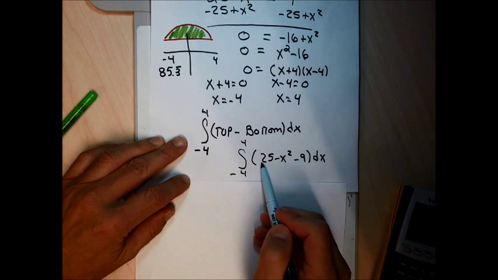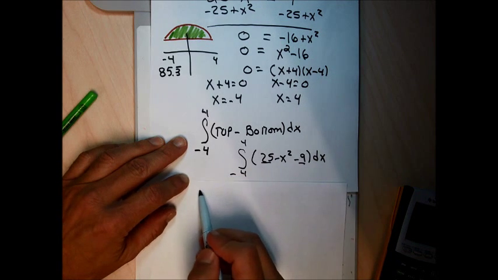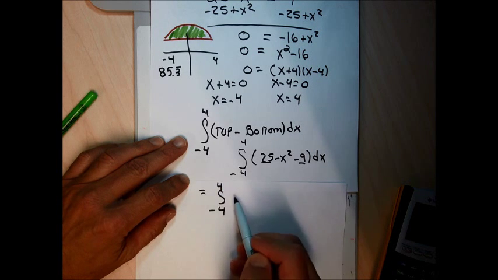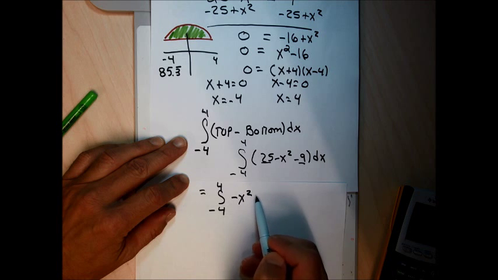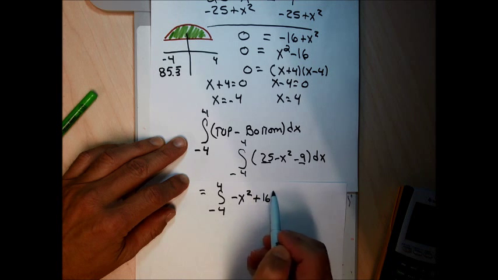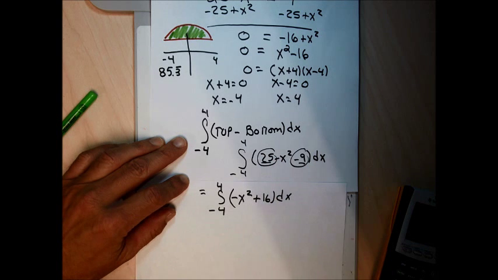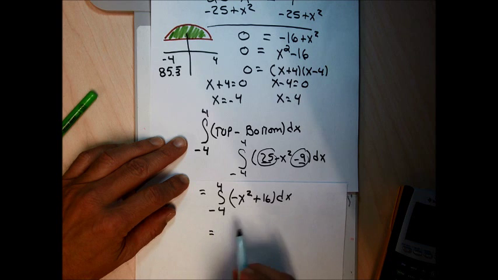So I'm going to integrate this function, and in order to integrate this function, I might combine these like terms. This 25 minus 9 gives me a 16. So I'm going to integrate from -4 to 4, -x squared plus 16 dx, and that's just combining that 25 and that minus 9 and writing the x squared first. Now I'm going to integrate by adding 1 to the exponent, dividing by the new exponent.